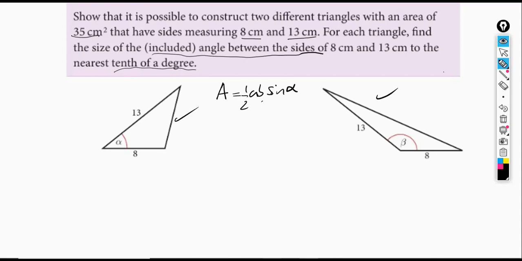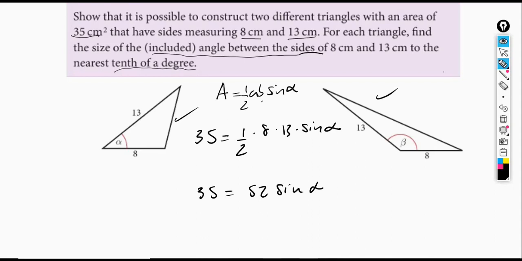So that means that 35 must equal 1/2 times 8, which we call A, times 13, B, times the sine of alpha. Okay, so then that means that 35 is equal to 52 sine of alpha, and we can find alpha because alpha is going to be equal to the inverse sine of 35 divided by 52.